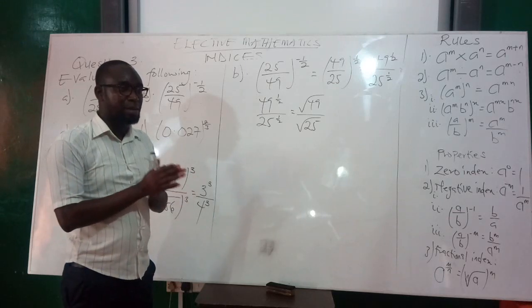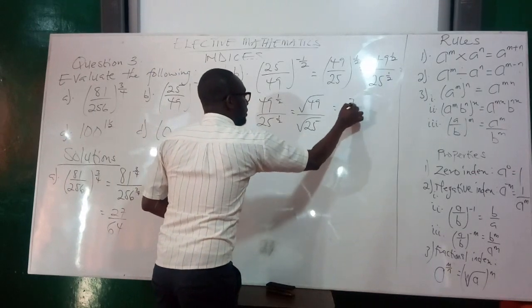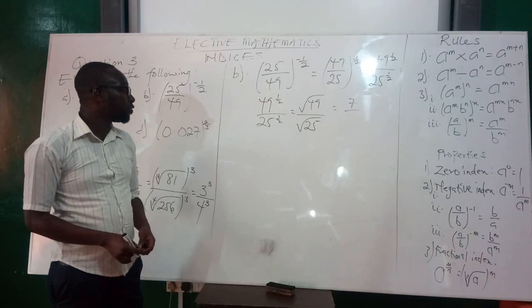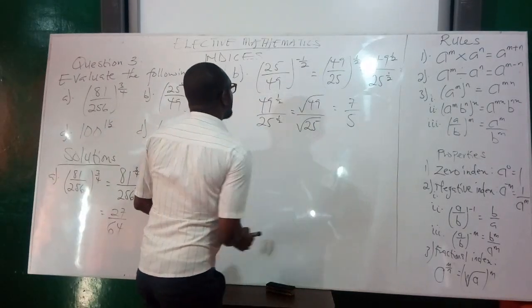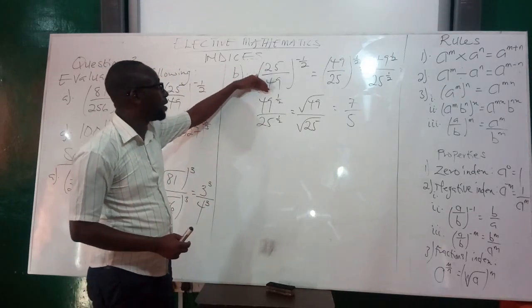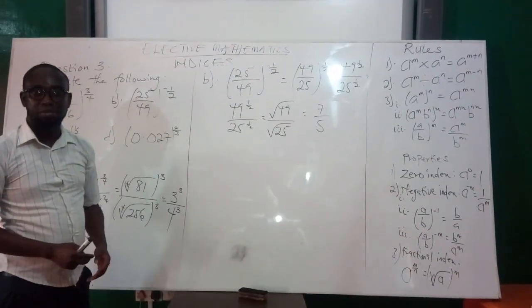You know that 7 times 7 will give us 49. You can write this as 7 over. Now 5 times 5 will also give us 25, so the square root of 25 is 5. So you can therefore state that 25 over 49 exponent negative 1 on 2 is 7 over 5.